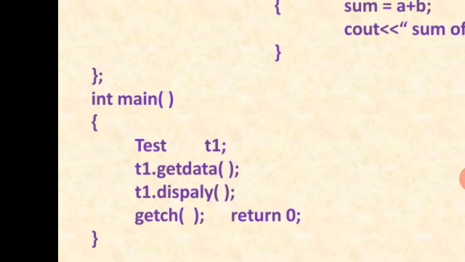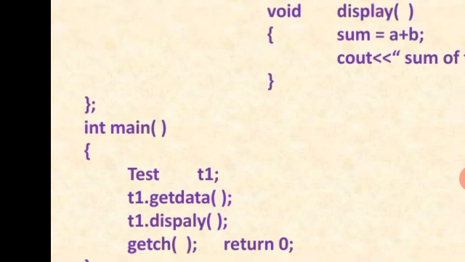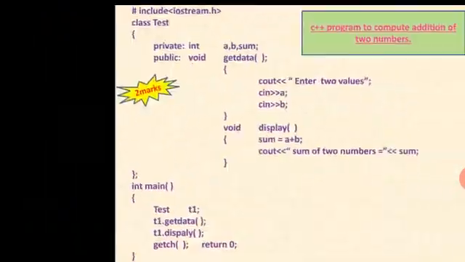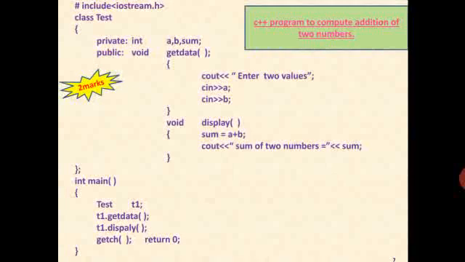Return 0 means that the main function uses the word int, and it doesn't return any value, hence we are returning the value 0. So in this way we have to write the C++ program in object oriented programming. This is a very important program for 5 marks: addition of two numbers with the help of class declaration and accessing the member function. In this way we have to perform.